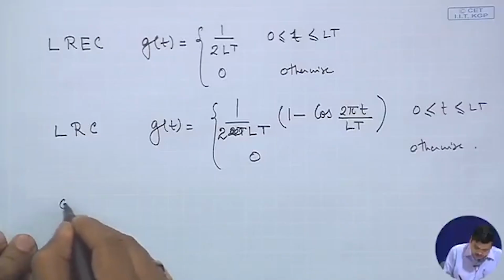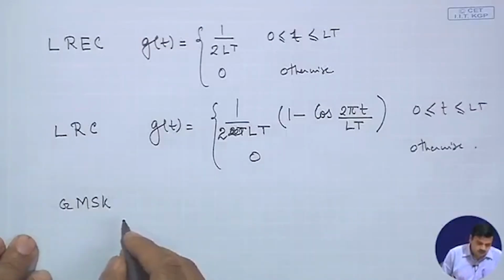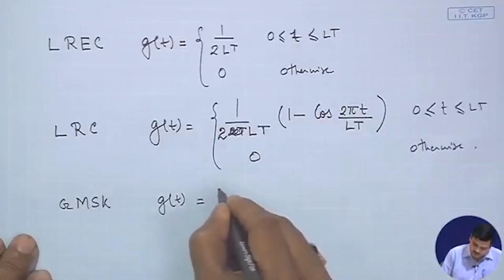One of the other pulse shapes is GMSK. This looks a bit scary, but for the sake of completeness, let us have it here.